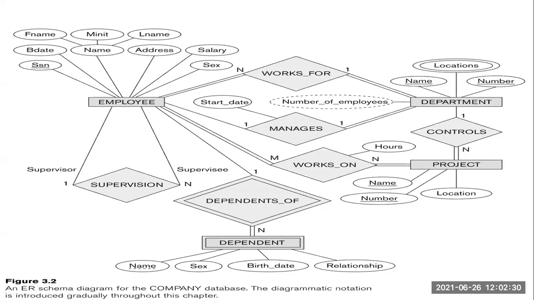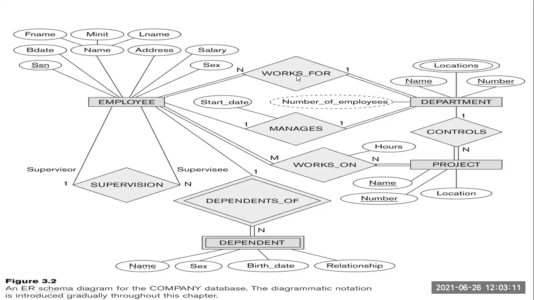Dinah? Fine. I will tell everything. The relationships are works for, controls, dependents of, works on, manages and supervision. Now, before proceeding with the relationship, we are having only one weak relationship that I have told you. One weak relationship is there, and the others are completely strong relationships here.